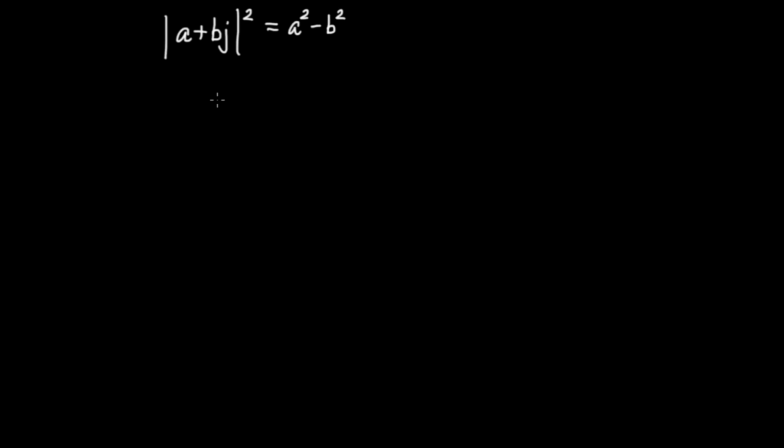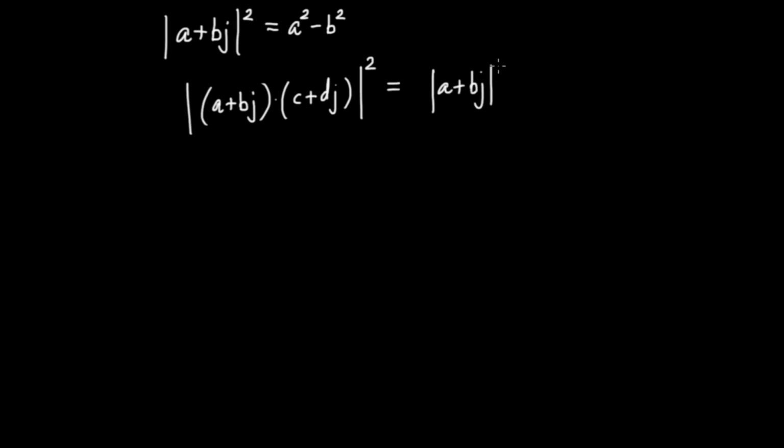So now what I'm going to do is I have one split complex number, a plus bj. I'm going to multiply it by c plus dj. I'm going to take the squared magnitude of that. And what I claim is that this is equal to the squared magnitude of a plus bj times the squared magnitude of c plus dj.